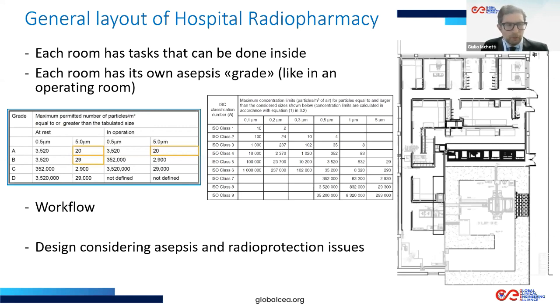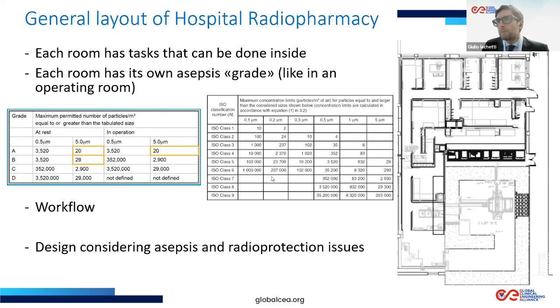I would consider the international safety standard 14644 for the classification of the operating room. Just as an example, ISO class 3 is for surgical procedures that have to be done with the maximum level of asepsis. Transplants have to be done in ISO class 3.